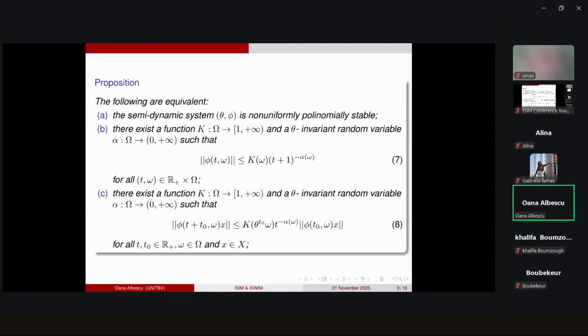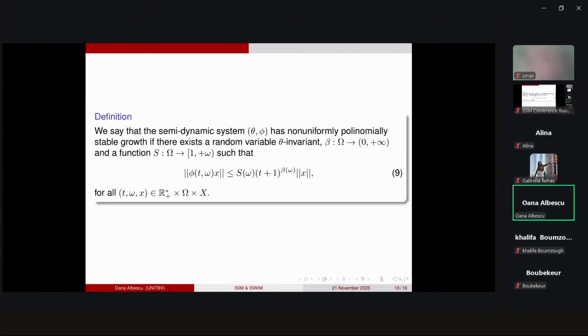These propositions give equivalent ways to describe non-uniform polynomial stability. Essentially, all three statements describe the same type of decay behavior, just in slightly different forms.